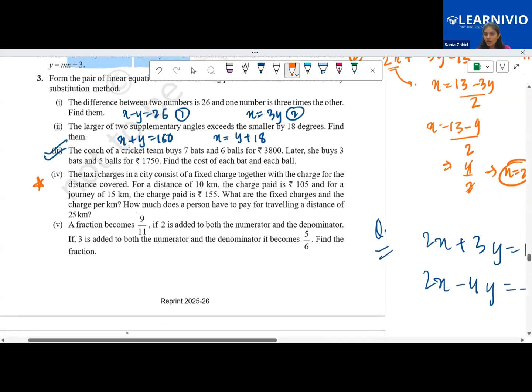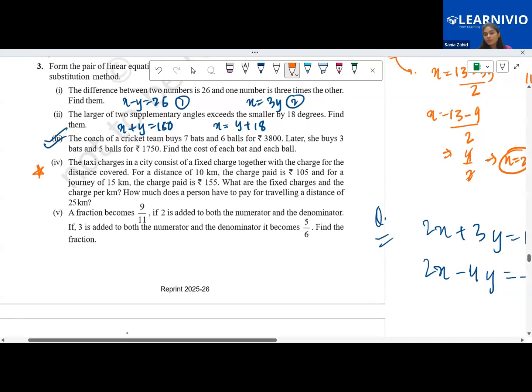So there is a fixed charge. For example, even if a person has to travel 10 kilometers, let's suppose he has to pay a fixed charge of 10 rupees. And additionally, for example, the taxi driver is charging 5 rupees per kilometer. So what does the total become? 10 he has to pay at all costs. Then 5 per kilometer.